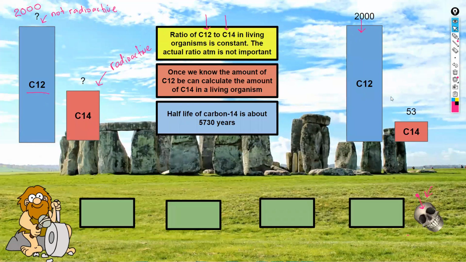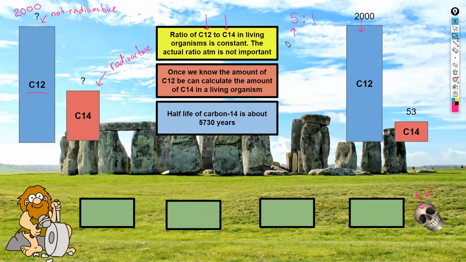Now, scientists have worked out a ratio. They found that in all living things, there's a ratio of carbon 12 to carbon 14. The ratio is a really complex number, like a really scary number. But let's just assume it's 5-to-1.